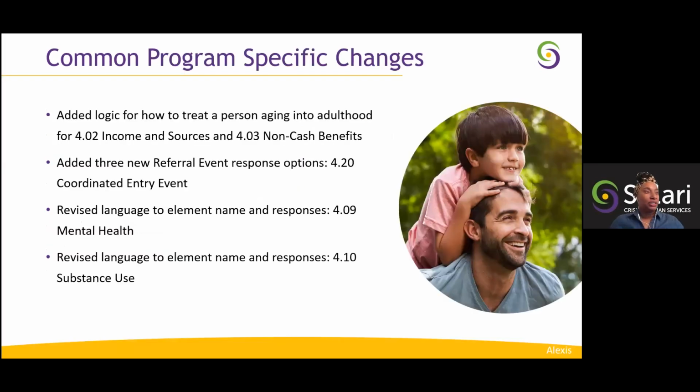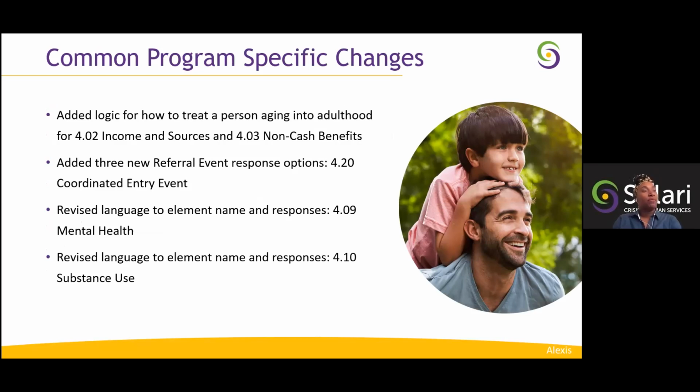And then additionally, some common program specific changes. We're going to be adding logic for how to treat persons aging into adulthood. That will come out of 4.02 income and sources and 4.03 non-cash benefits.